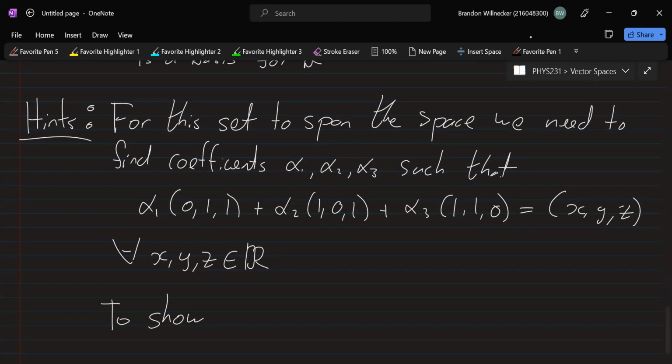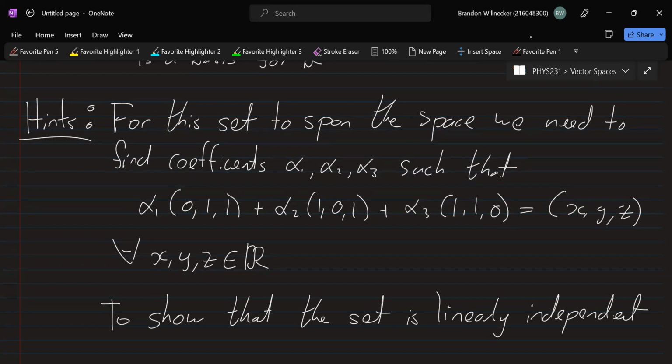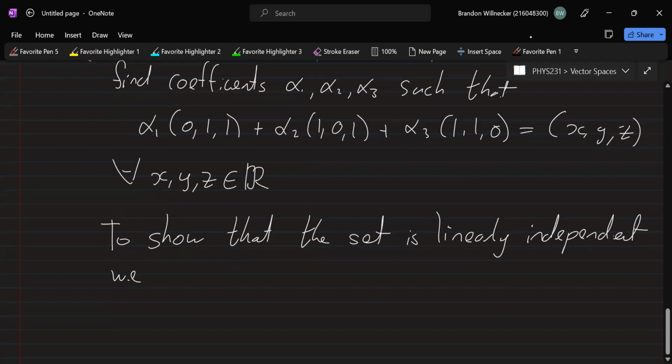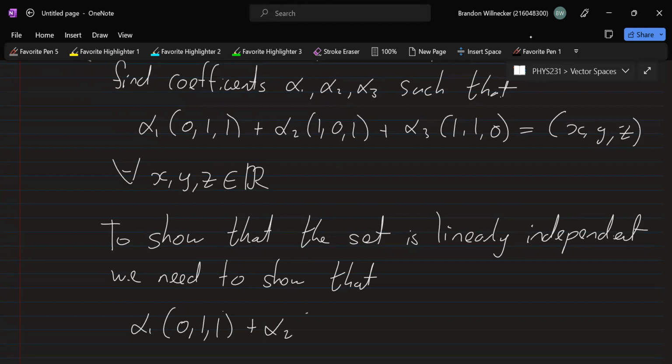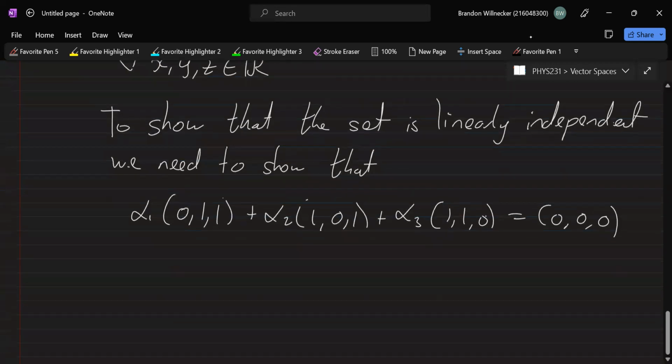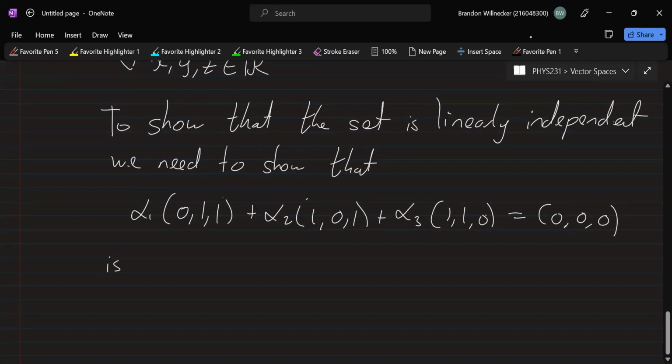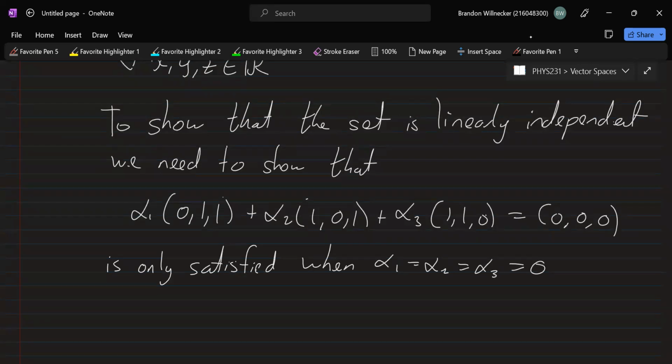So to show that the set is linearly independent, we need to show that alpha 1 (0, 1, 1) plus alpha 2 (1, 0, 1) plus alpha 3 (1, 1, 0) being equal to the 0 vector can only happen when alpha 1 is equal to alpha 2, which is equal to alpha 3, being 0.